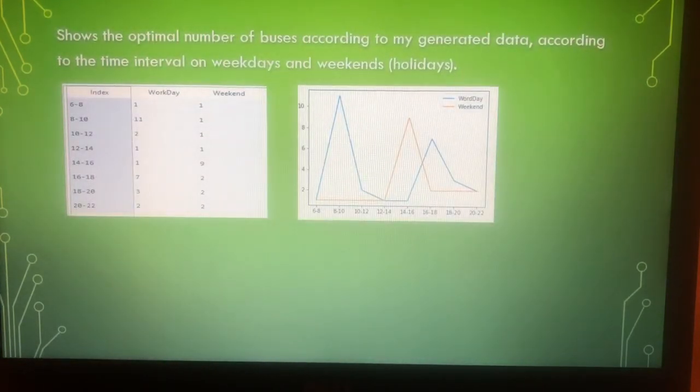This diagram shows the optimal number of buses according to my general data according to the time interval on weekends and weekdays or holidays.